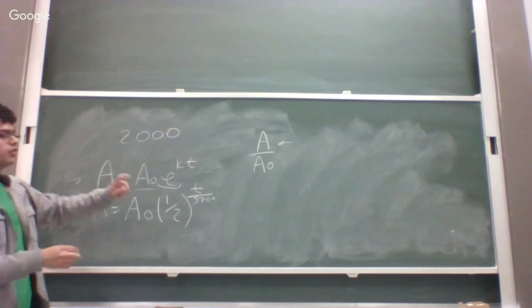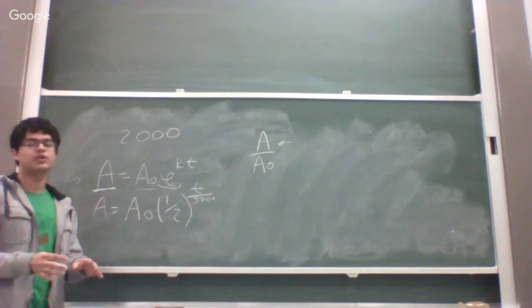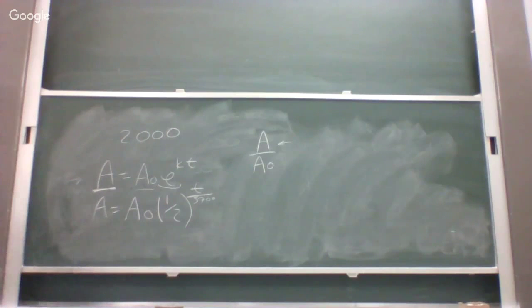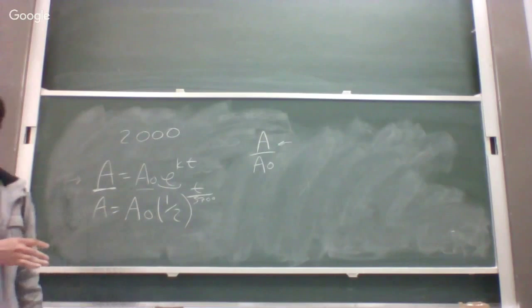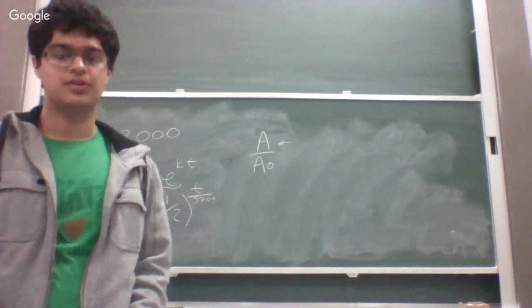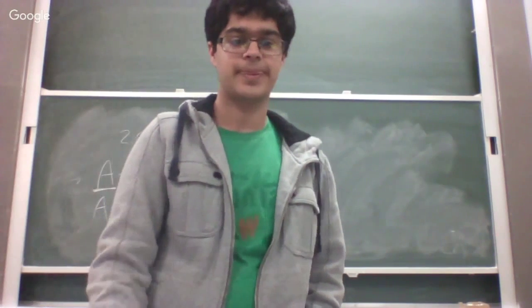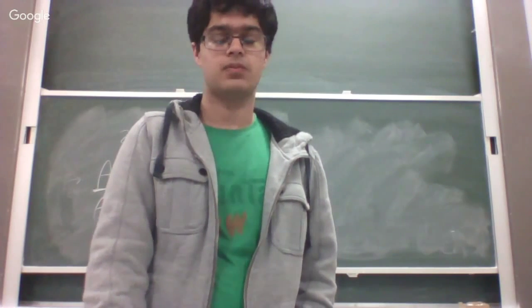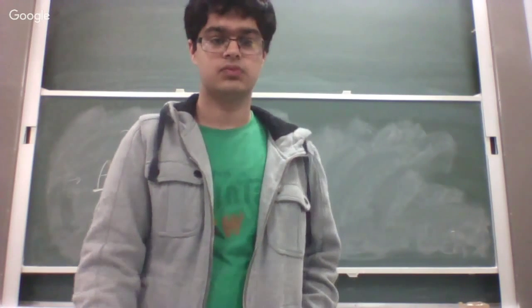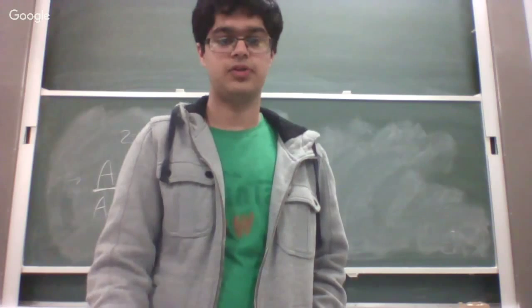So after 5,700 years, and you started off with 14 carbons, you'd have 7 carbons left. It gives the amount that is left, okay? So they want a fraction. Oh, you use A over A0 just for a fraction. Why do they do 1 minus?